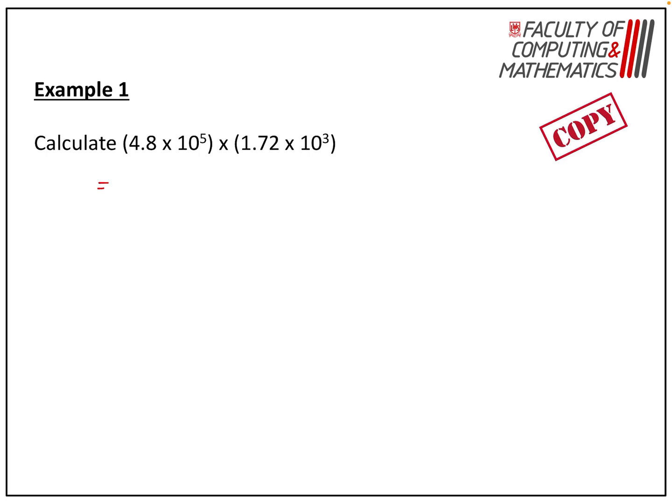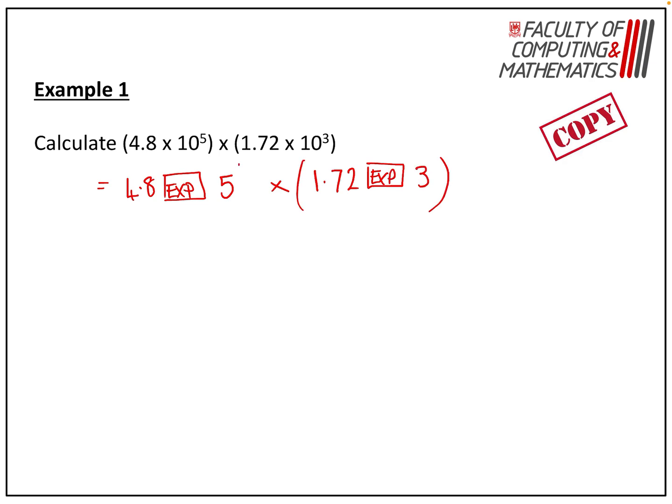I'm using a Sharp calculator just now. So I will type in 4.8. You don't need to write this down. It's just for the sake of telling you what I'm typing. EXP 5 times 1.72 EXP 3.